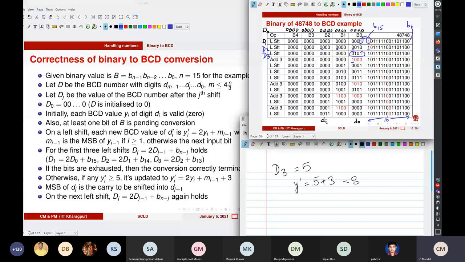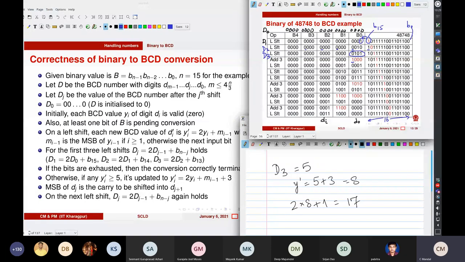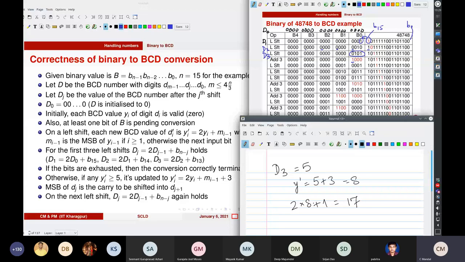So that is 2 times 8 plus 1, that is 17. Oh no, sorry, it is 2 times 5, not 2 times 8.